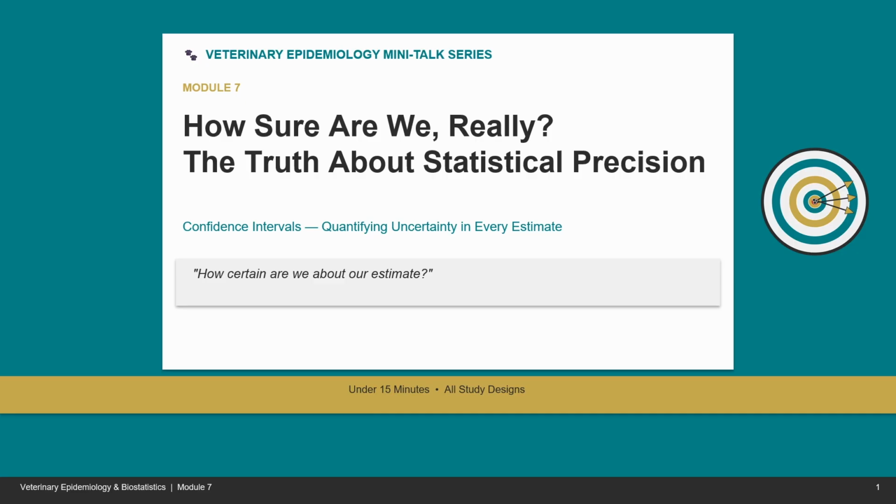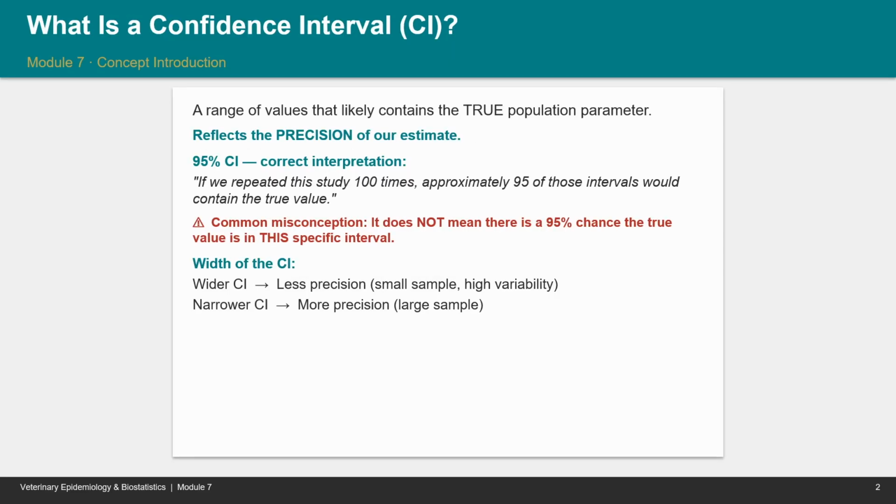Let's demystify it. A confidence interval gives you a range of plausible values for the true population parameter, the thing you're trying to estimate. The 95% confidence interval is the most common, and here's the technically correct interpretation. If you repeated the study 100 times and calculated a CI each time, about 95 of those intervals would contain the true value.